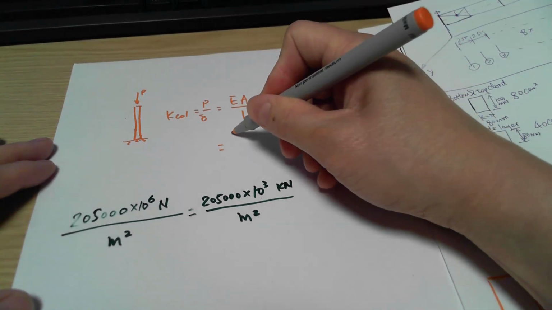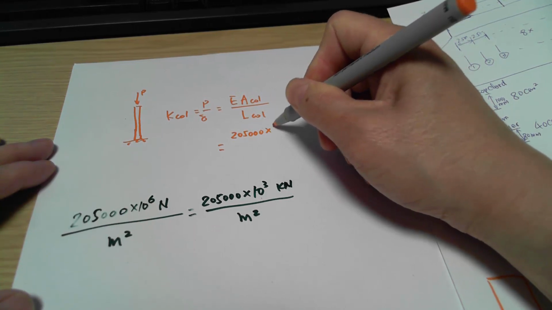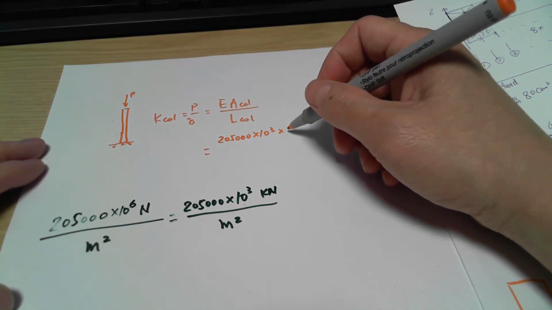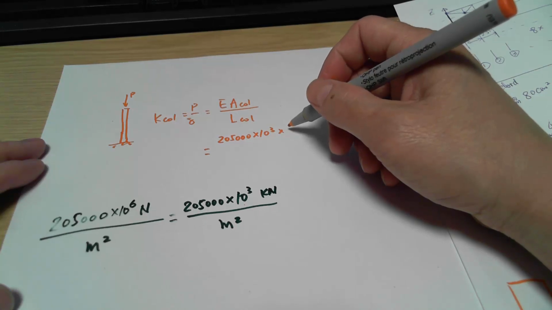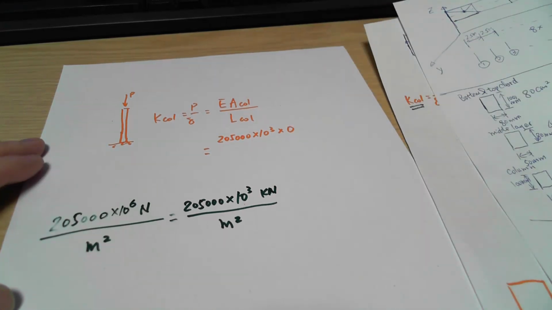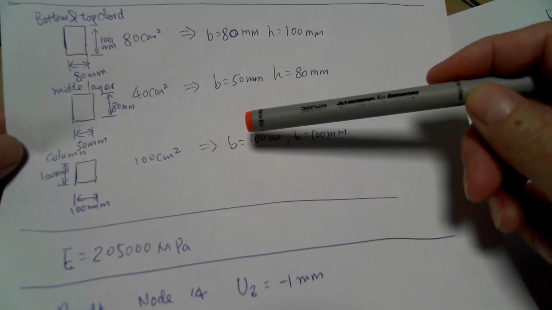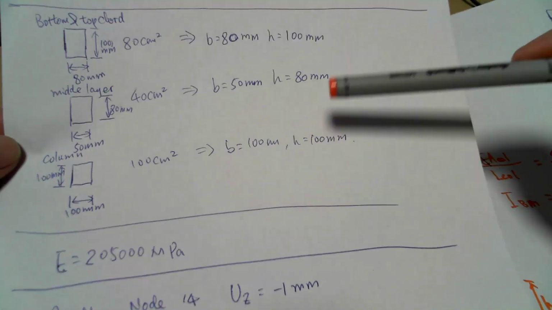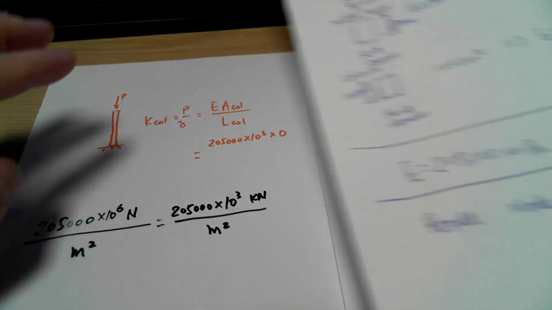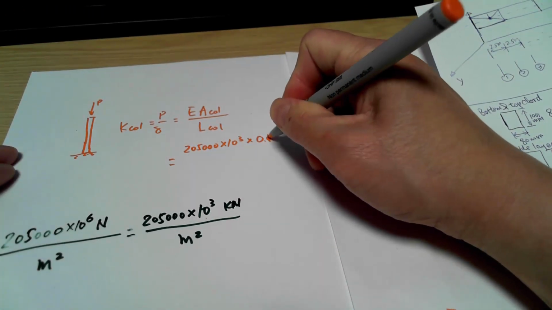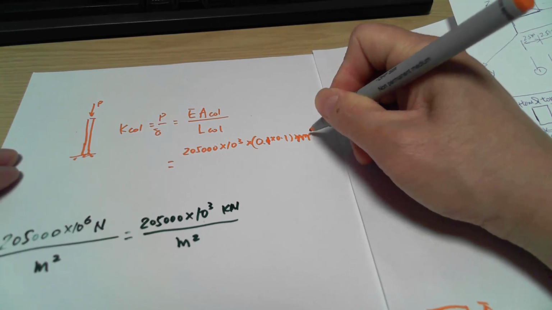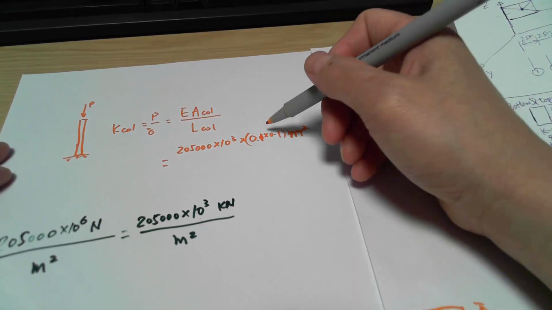This should equal 205,000 times 10 power 3 times the area of this structure, which is 100 centimeter by 100 centimeter, that is actually 0.1 times 0.1 meter.